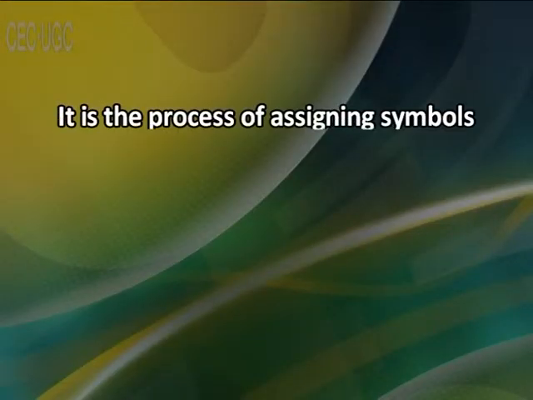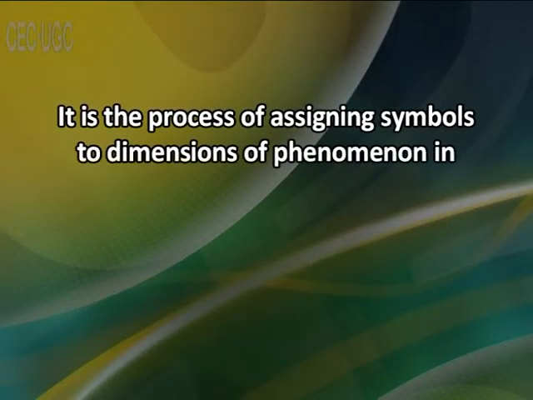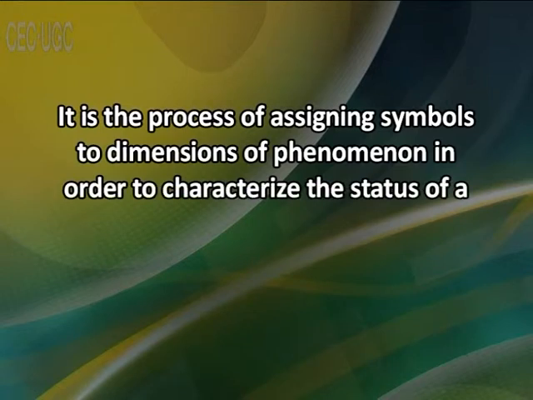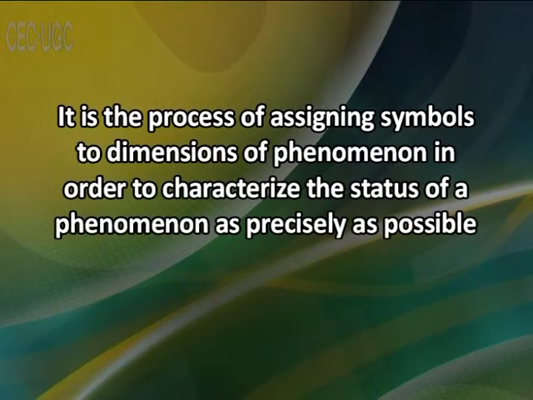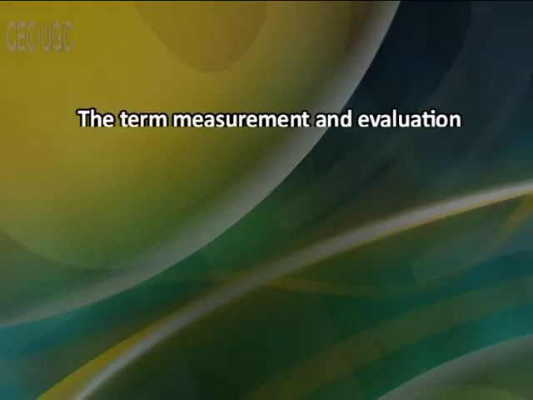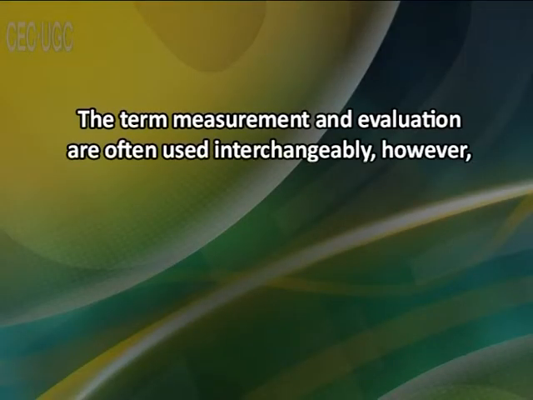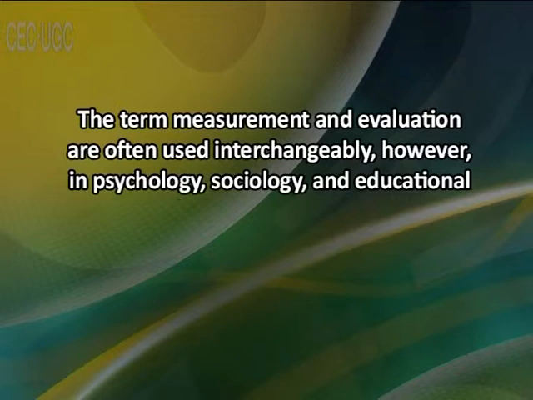It is the process of assigning symbols to dimensions of a phenomenon in order to characterize the status of the phenomenon as precisely as possible. It's an objective tool. It is a tool which is absolutely essential for decision making at any stage. The terms measurement and evaluation are often used interchangeably.